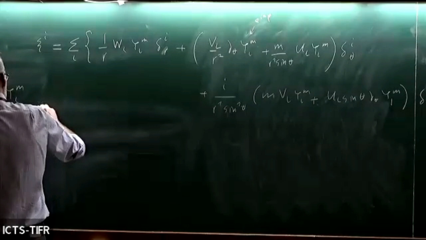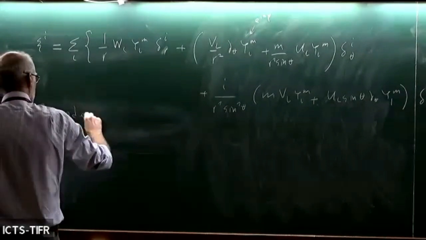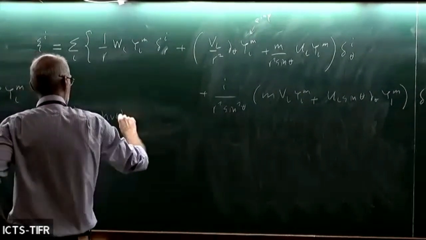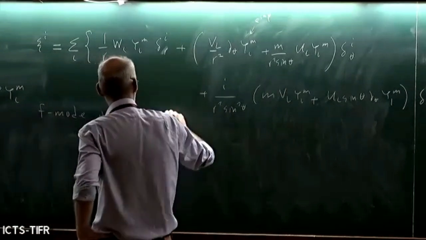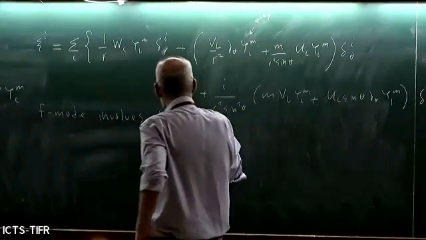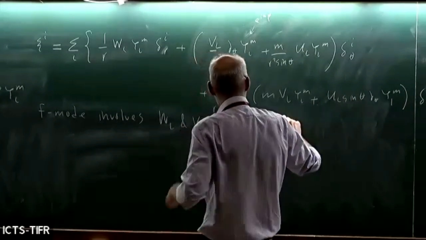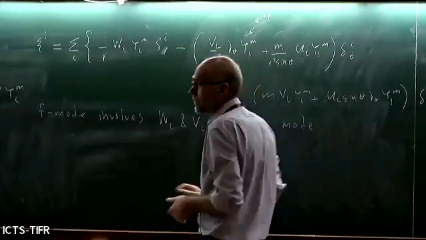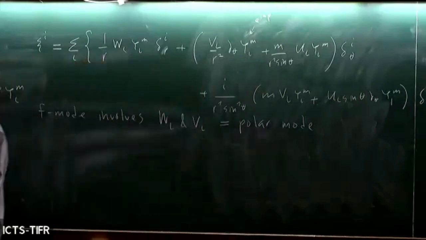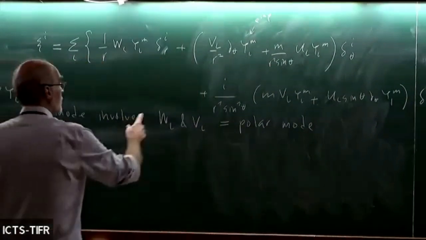So the f mode involves clearly this W and the V. We call this polar or spheroidal or whatever. There's words for this. It's called a polar mode. It doesn't involve this U.